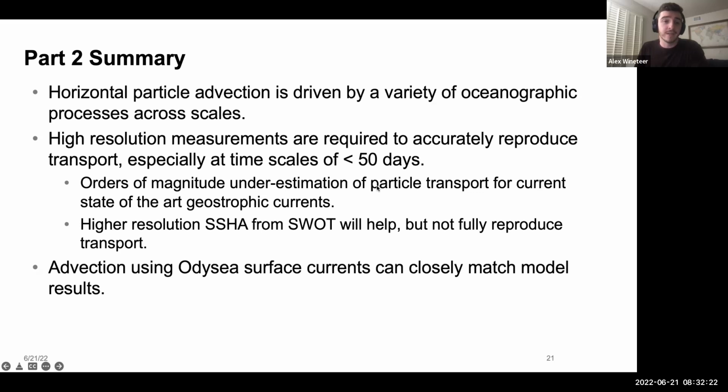There's an orders of magnitude underestimation in particle transport if we use state-of-the-art geostrophic currents. Higher resolution sea surface height anomaly from SWOT will help, but probably not fully reproduce the expected model transport. And finally, advection using Odyssey surface currents can pretty closely match the model results.